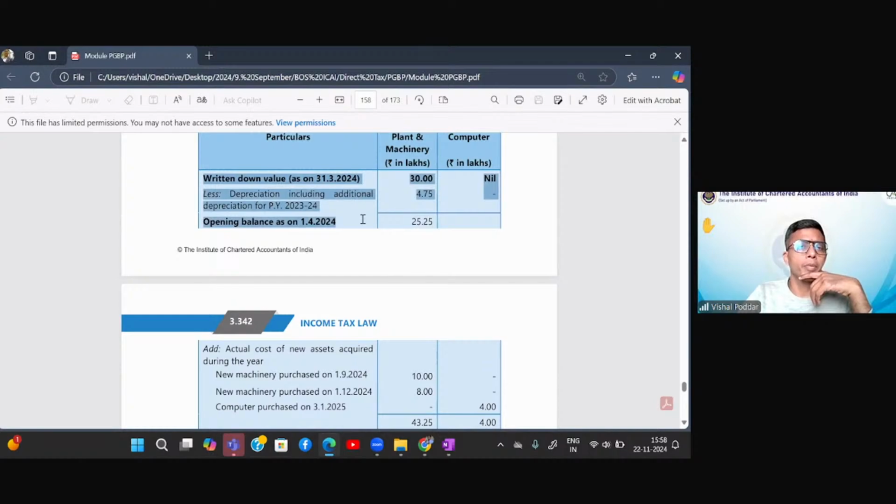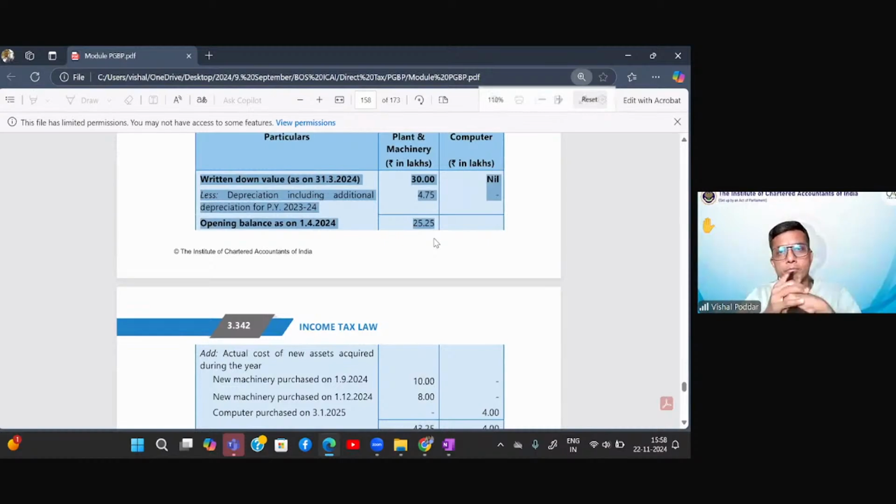So they have deducted depreciation to find out the closing WDV of last year, which is also the opening WDV of the current year. See how they have interpreted. So it means they are interpreting this WDV as WDV of income tax, like what we calculate after the IT Act depreciation. And then they have said that since this is WDV of last year and this was the depreciation, you'll deduct that depreciation to find out the opening WDV. Okay.